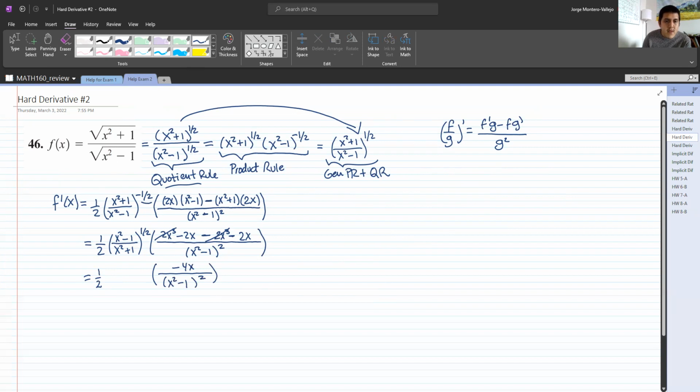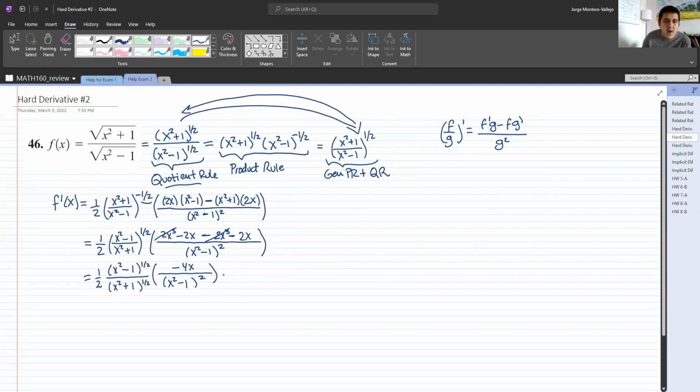Okay. Now, I'm going to do the backwards of this step over here, which is that because I have this fraction being raised to 1/2, I'm going to distribute that power of 1/2 to the numerator and the denominator. So I will write x squared minus 1 raised to 1/2, and then divided by x squared plus 1 raised to 1/2.